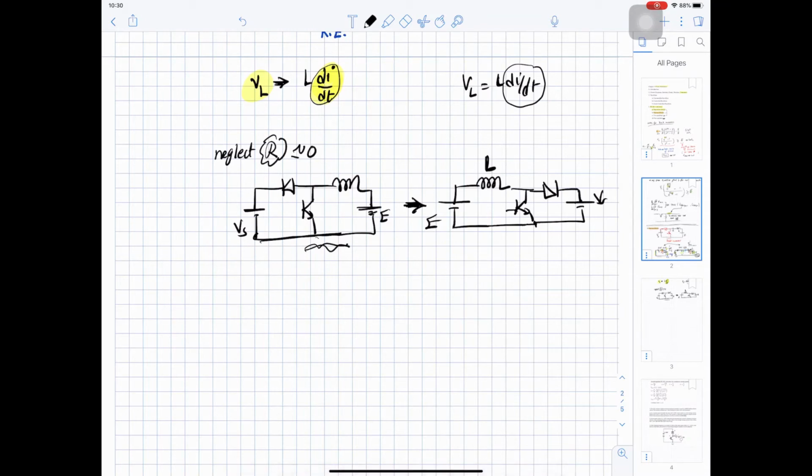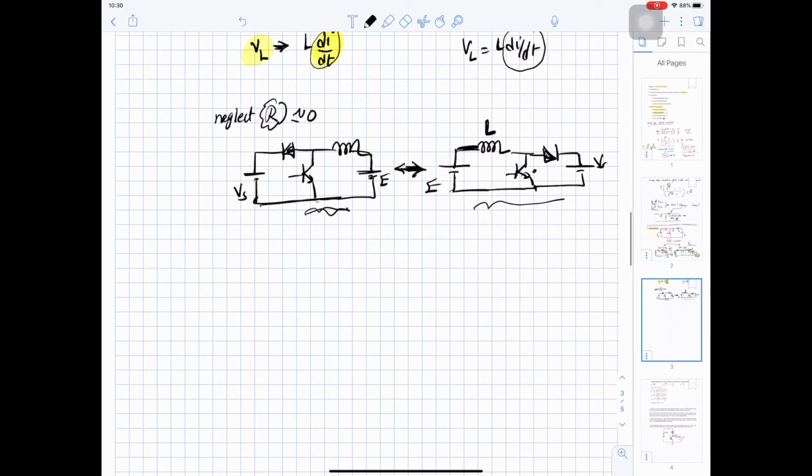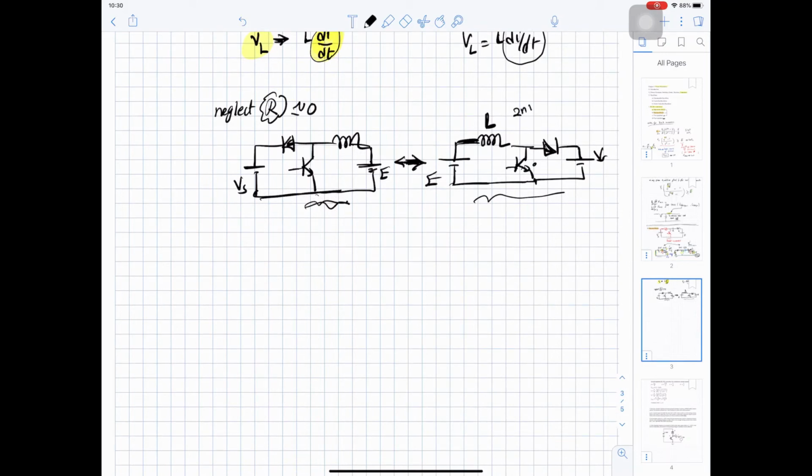So we started from E, then L, then the switch, and then the diode going to Vs. These two circuits are the same, but this is the most common circuit. So this is the second quadrant, or we call it boost.